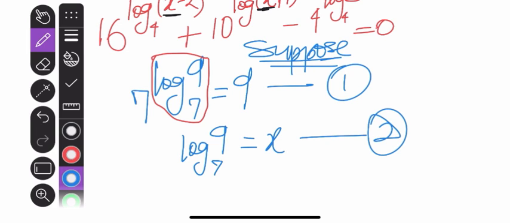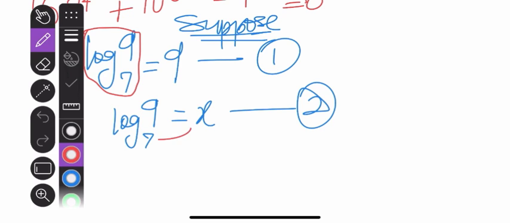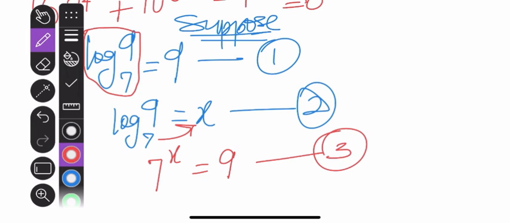As this equals x, let's call it equation 2. Now we can substitute the value of equation 2 in equation 1. But before we do that, recall from the logarithm law that 7 to the power of x will definitely equal 9. So we call this equation 3.